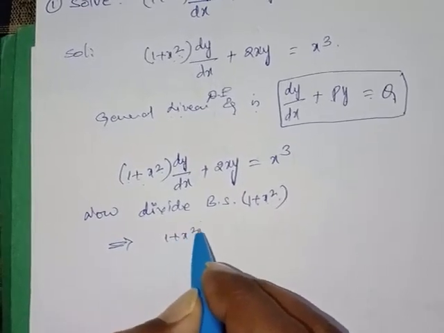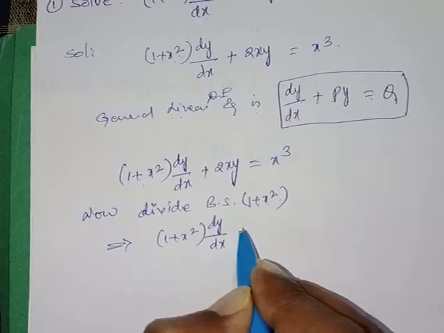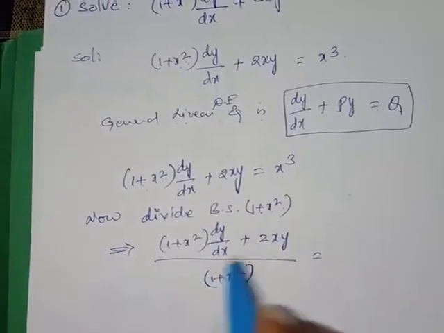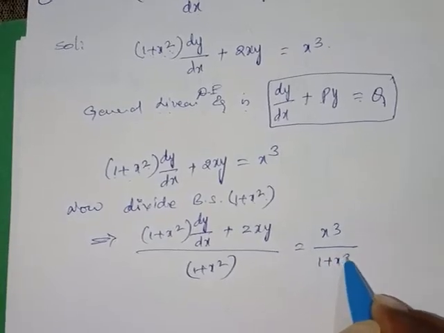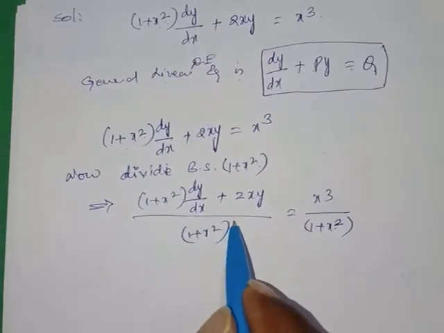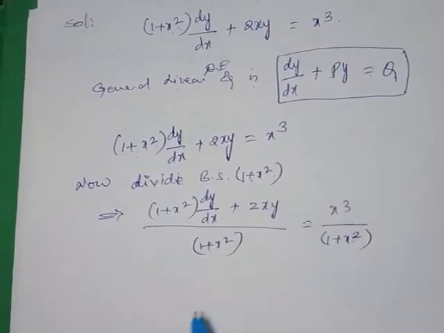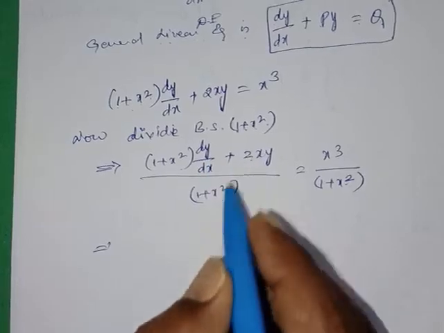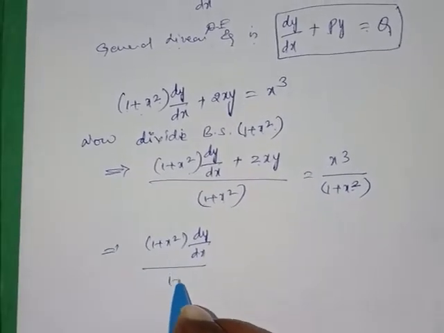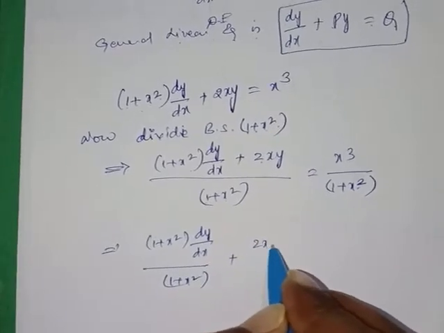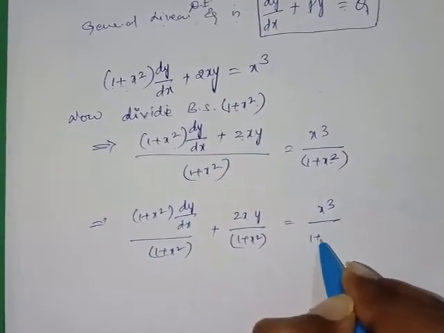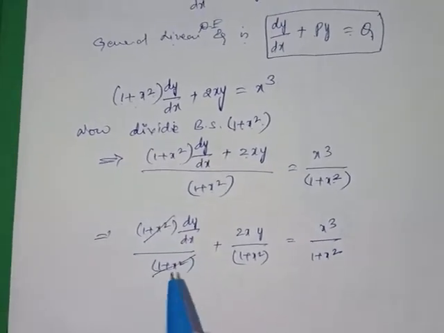That gives (1 + x²) dy/dx + 2xy over 1 + x² on the LHS, and x³ over 1 + x² on the RHS. Next, split the denominator: (1 + x²) dy/dx over 1 + x² plus 2xy over 1 + x², which is equal to x³ over 1 + x². The 1 + x² terms cancel.